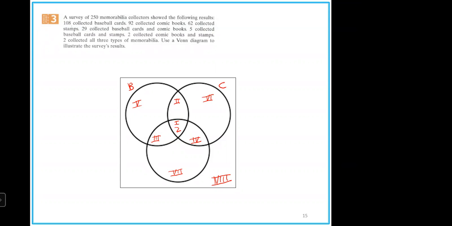Stamps. Stamps, yeah, that's how I have it. Now, some of you might have it different. Yeah, okay, so region 2 will be 27. 27, thank you. All right. So your diagram doesn't have to be labeled like mine, but just as you answer, see if you can match up with what I have there.